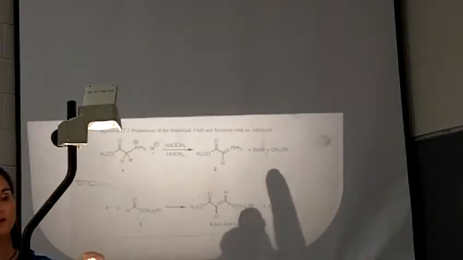So we form our ylide. Think about what arrow pushing would be involved here to form this guy. We've got a base. We're going to take our proton. Then we've got negative charge here, forming the ylide. Does everybody see that?